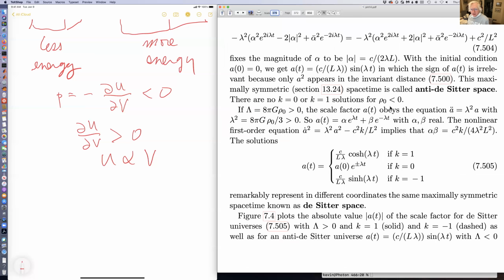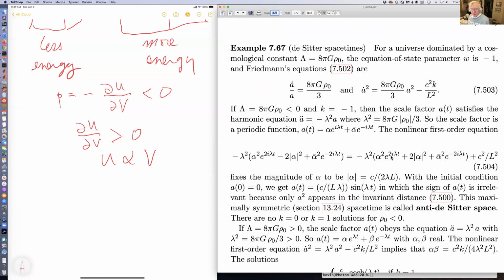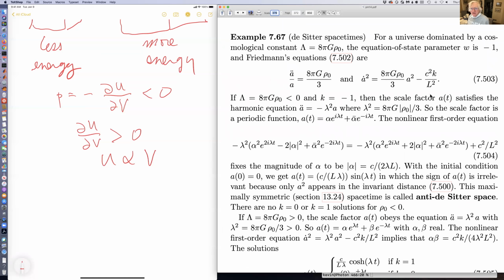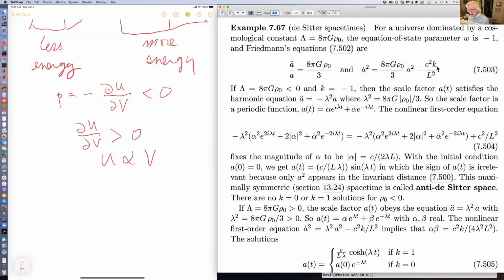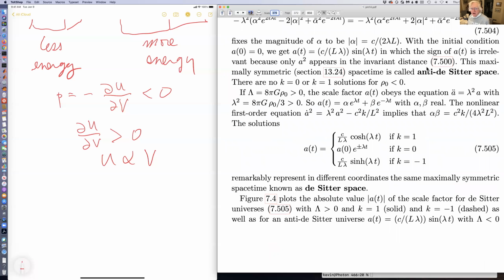One can solve these equations. In other words, what are the equations? The equations are these equations. And so we're letting this be a constant, a positive constant, and then we can choose k to be different things. And depending on how we choose k, we get three possible solutions here.